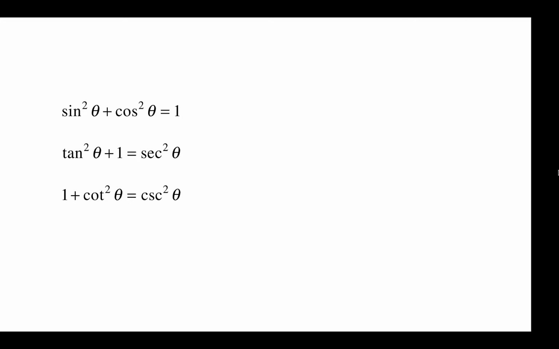So sometimes it's useful to have sine squared theta plus cosine squared theta is equal to 1. But you can also rearrange this equation like so, isolate for one particular term. So you can write that cosine squared theta is equal to 1 minus sine squared theta.